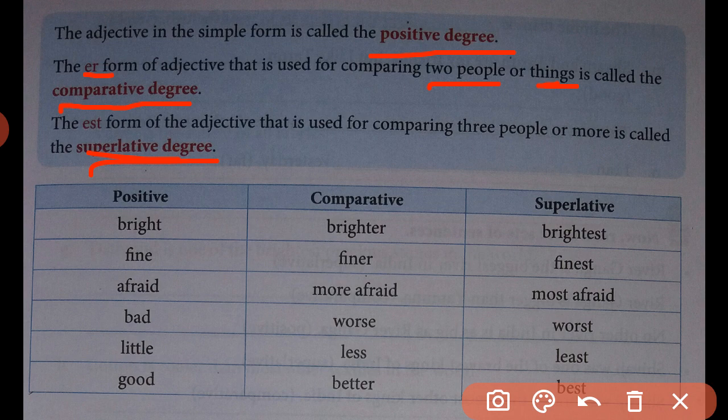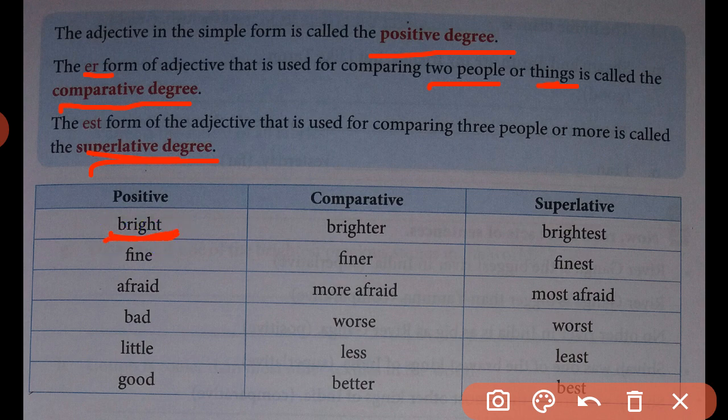One more time I repeat, degrees of comparison are different forms of adjective, and they are positive degree, comparative degree and superlative degree. So you can study here the given table. For positive degree, the adjective remains simple. Here the word is bright, that is adjective.